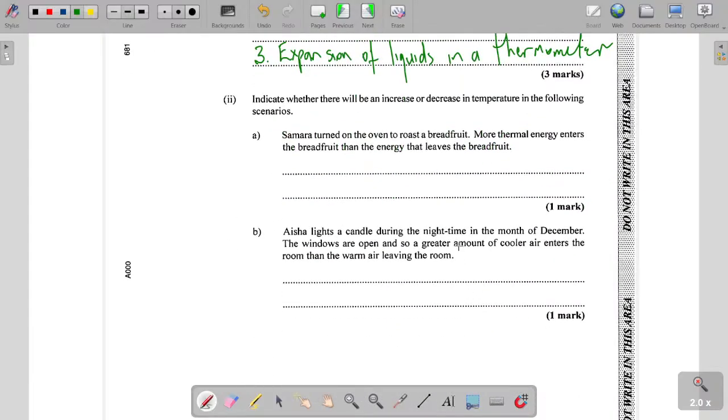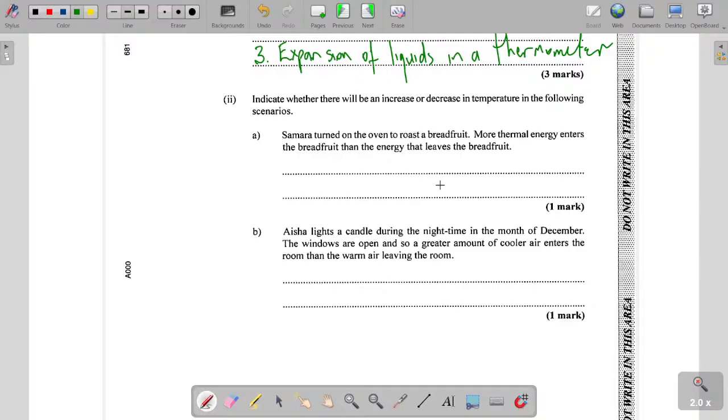Next question here asks us to indicate whether there will be an increase or a decrease in temperature in the following scenarios. So for this question, you need to have a good grasp of the kinetic theory of matter, right? So there is a relationship between the kinetic energy, thermal energy, and the temperature of a body.